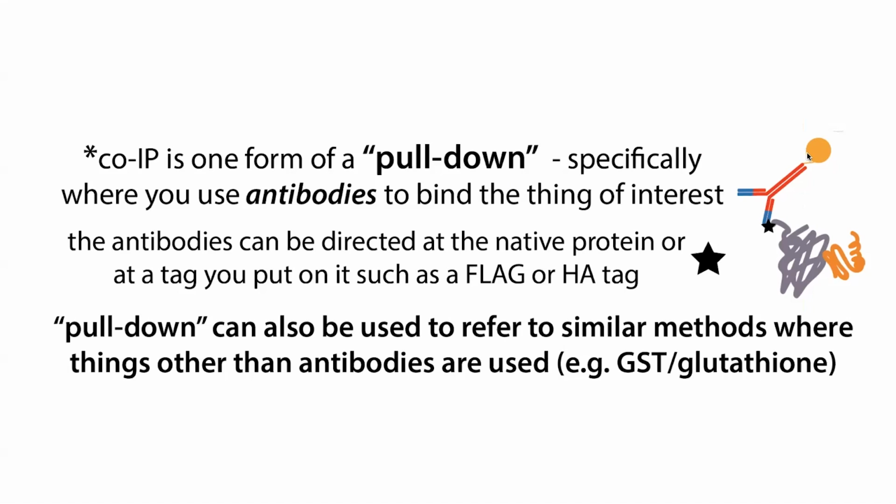To do that attachment, you typically use beads that bind to antibodies, often protein A/G beads. Protein A and protein G are bacterial proteins that bind to the generic part of the antibody. So you can get these beads that bind to your antibody of choice and allow you to then isolate your protein.